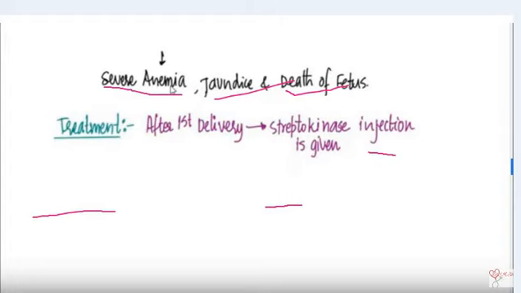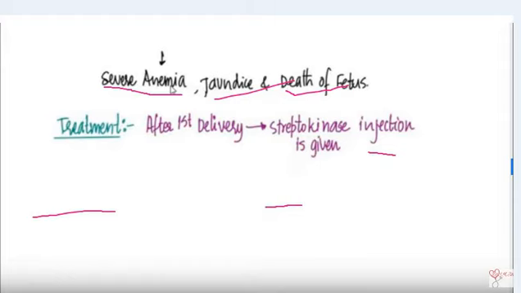But at the time of the second pregnancy, the blood of the mother containing antibodies against the Rh positive blood of the fetus can leak into the fetal blood, that is Rh positive blood.